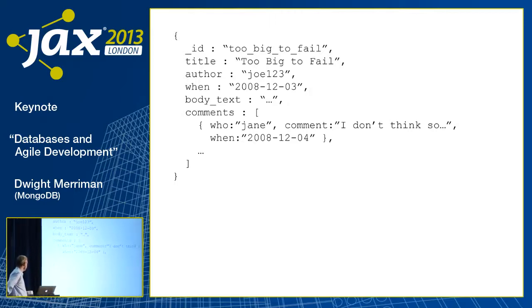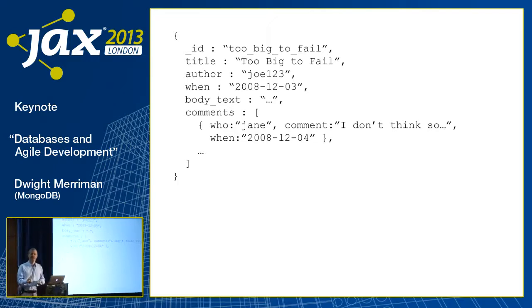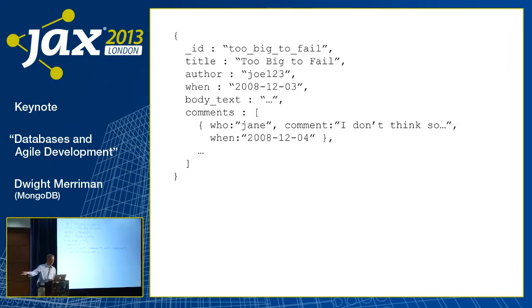And the point is just that change is seamless. When you release the new version of your app and it suddenly adds a comment to an existing post or creates a new post with a comment, the system will just accept it and not complain nor do anything bad, right?